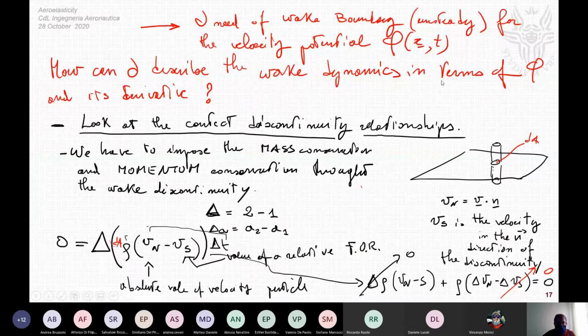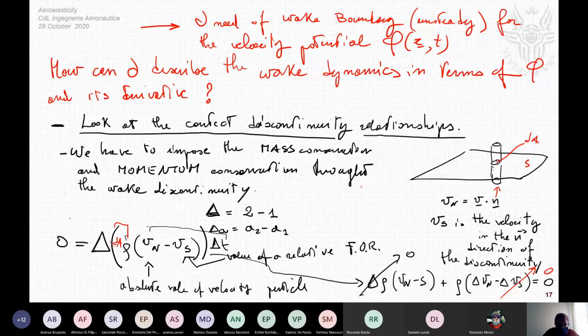So we consider this quantity here, which is representing the mass. Here we have the density multiplied by this elementary and infinitesimal area of this cylinder. We are considering this cylinder as a cylinder of fluid incoming inside this discontinuity surface.